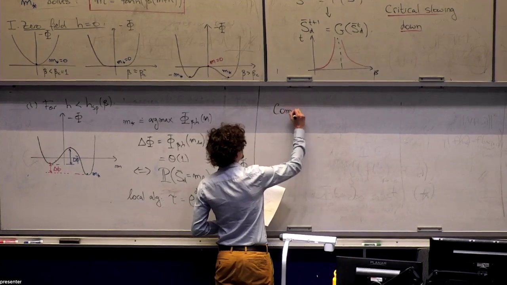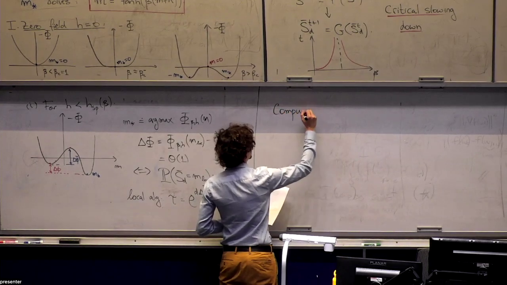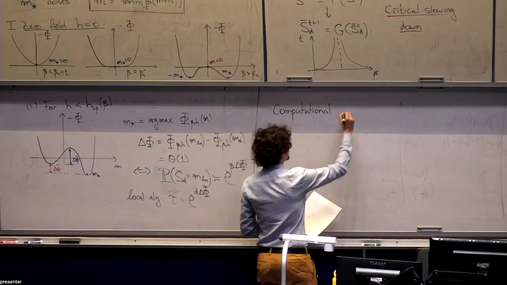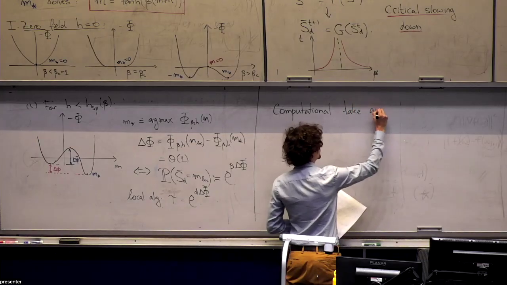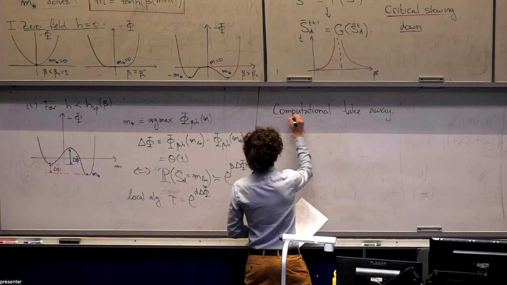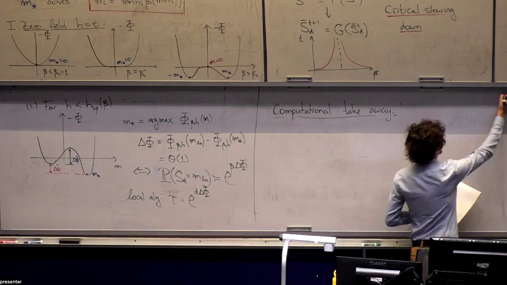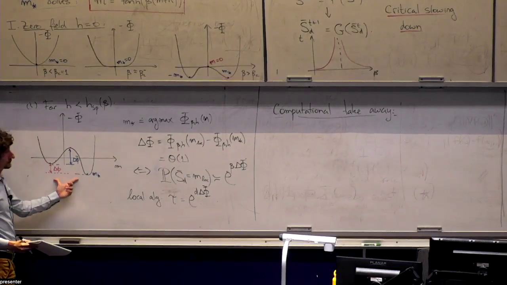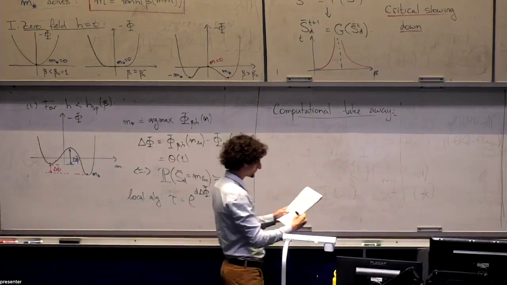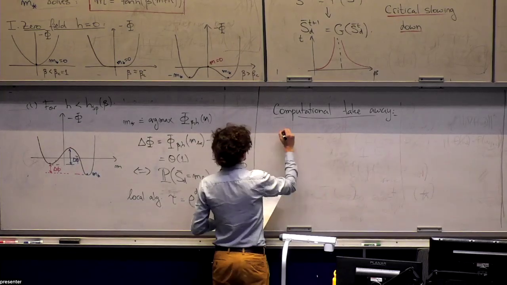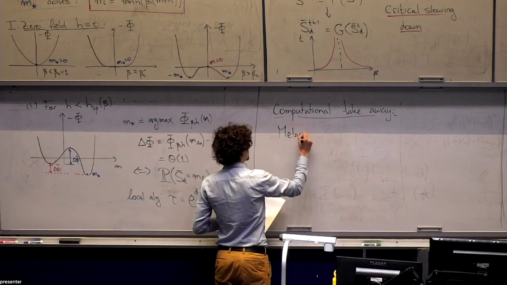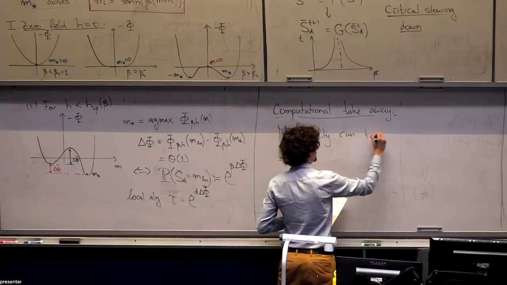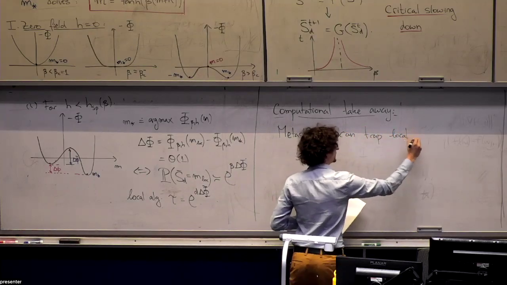That's going to be the key notion that I want to introduce in this model, which is what this type of phenomenology implies for a local algorithm: metastability can trap local algorithms.